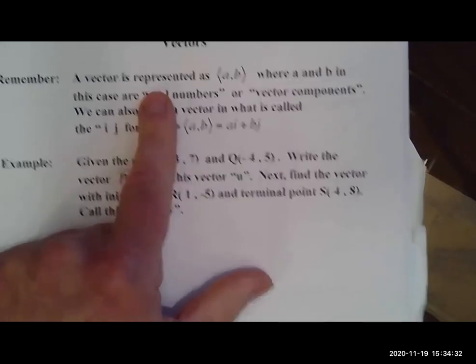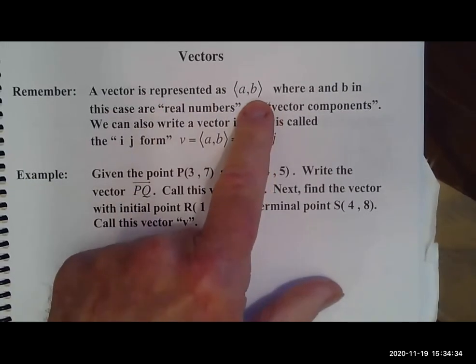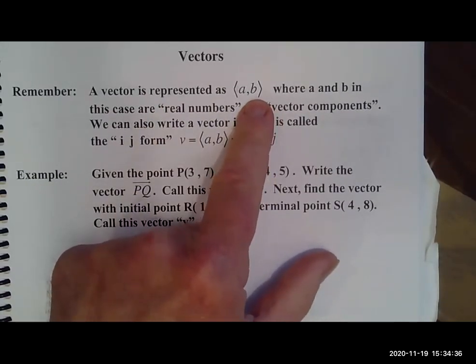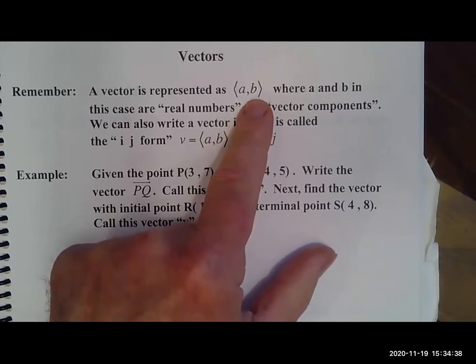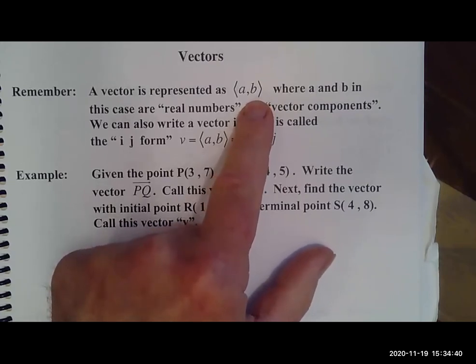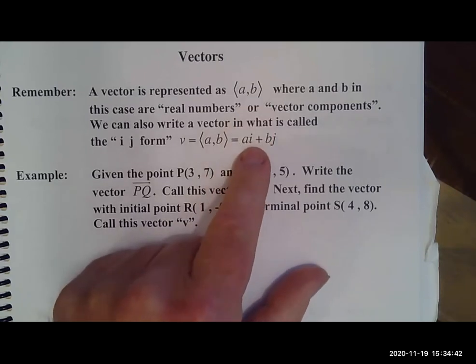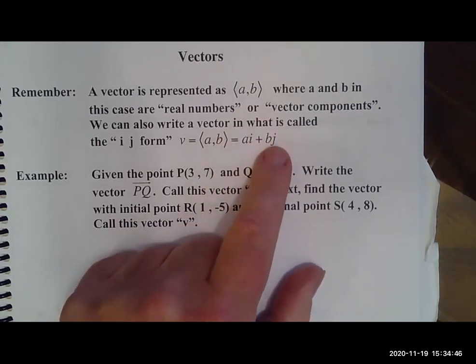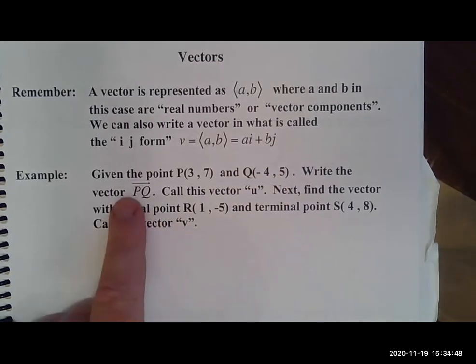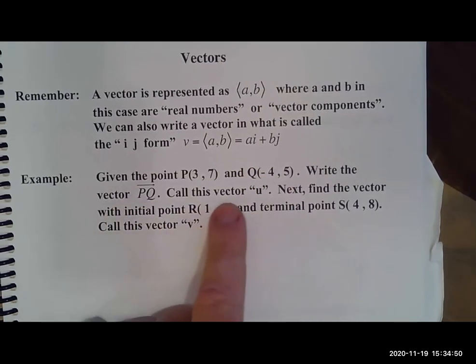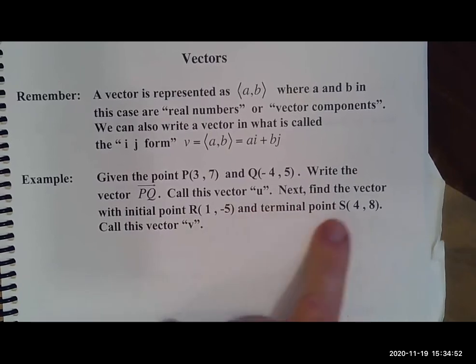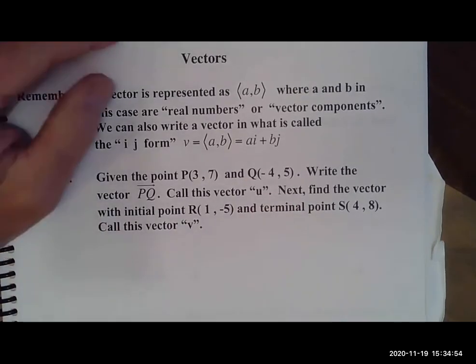Vector, okay, so you've got this representation. Sometimes they call it the standard form of a vector, with the pointy brackets. Sometimes it'll look like the a i, j form of a vector. We've already talked about that. Let's take a look at this.